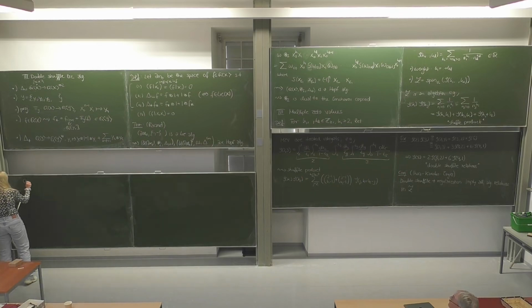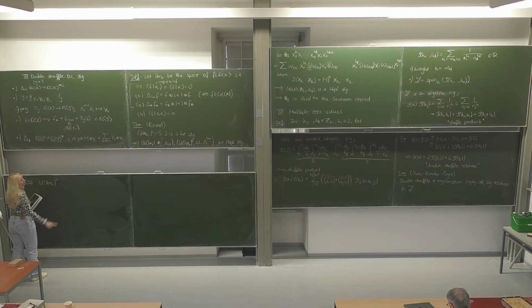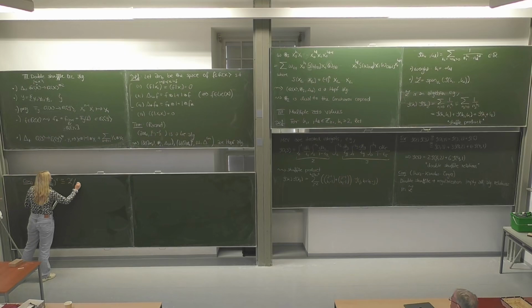I can now reformulate the conjecture, more or less what's on the very end of this other blackboard. It just states that this thing is isomorphic to Z modulo zeta 2.